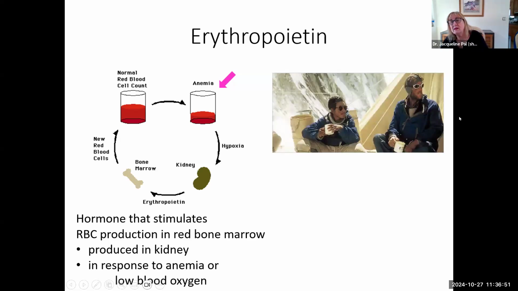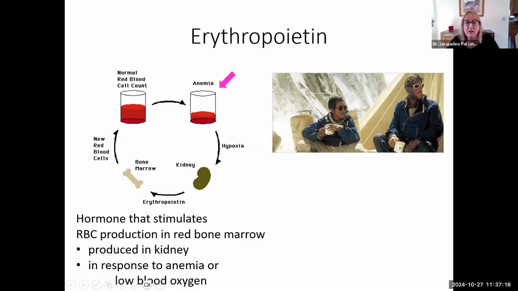Now, what if you wanted to climb Mount Everest? Or maybe not Mount Everest, maybe some local mountains, or maybe mountains outside of Seattle. Okay, there's a reason why mountain climbers go and acclimate themselves. They sit at altitude for a week or two before they start climbing.